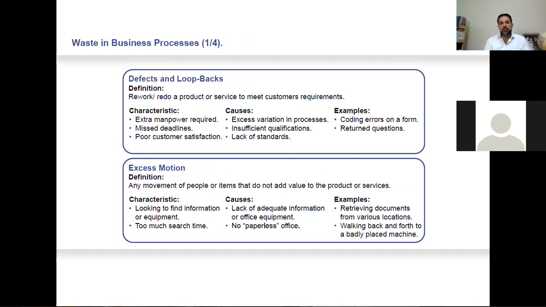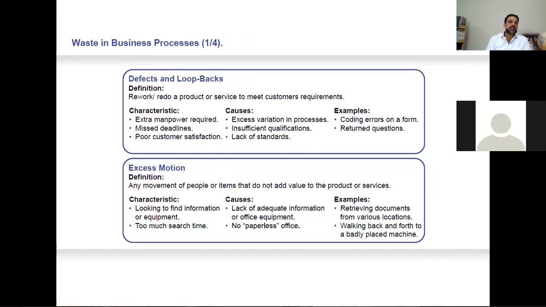So now we need to put on another hat and look at our activities and look for what we can eliminate. Is there waste in the processes that we can eliminate?